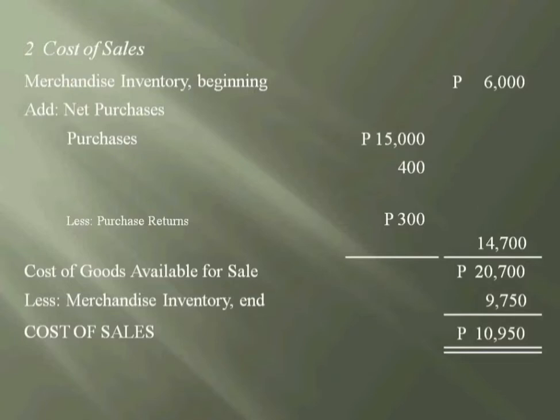That 400 pesos is known as freight in from your store's viewpoint, being the buyer or purchaser. Obviously, the 400 pesos freight in is an additional cost to your store's purchases. That is the reason why freight in is added to purchases.